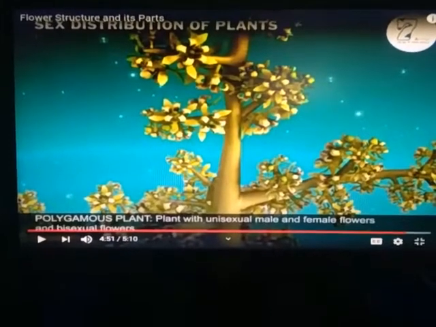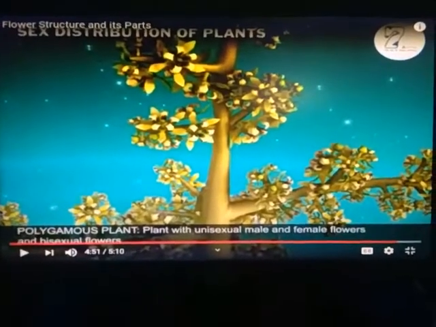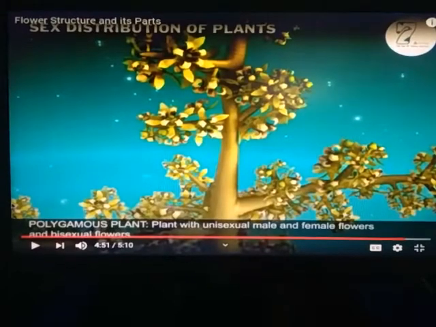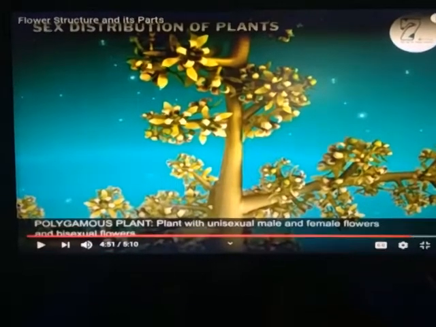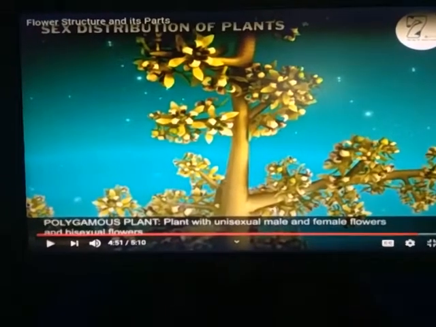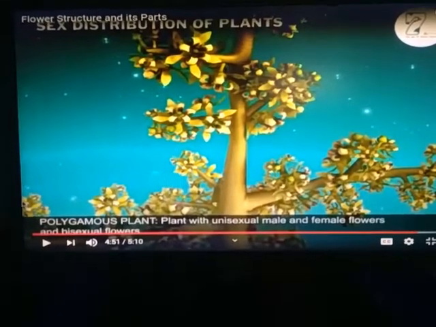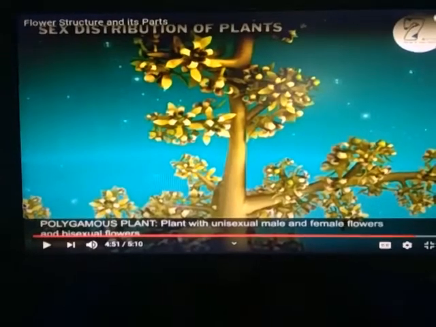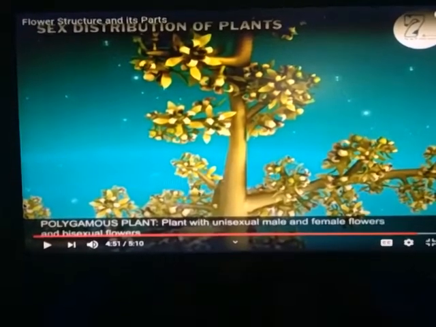Now the third type of sexuality is the polygamous plant: a plant with unisexual male flower, female flower, and bisexual flower, meaning a plant which contains both types of flower, unisexual flower and bisexual flower.